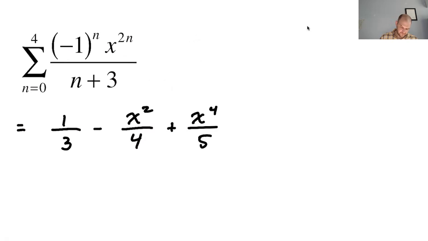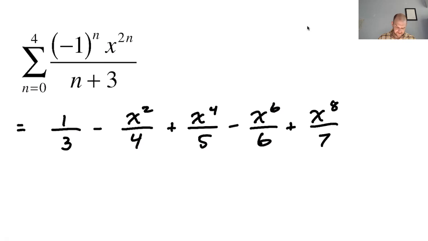That's 0, 1, 2. When n is 3, you get -1 to the third, so minus x to the sixth over 6. And then finally, once something is alternating, you can kind of forget about that -1 to the n and just go with the pattern. And you can see you're always adding 2 in the exponent, and then you're adding 1 to the denominator basically. So we'll get this.